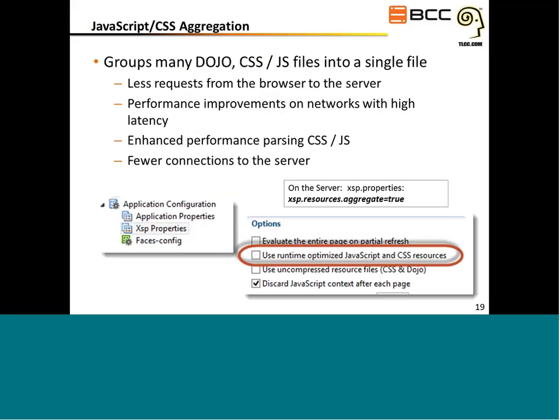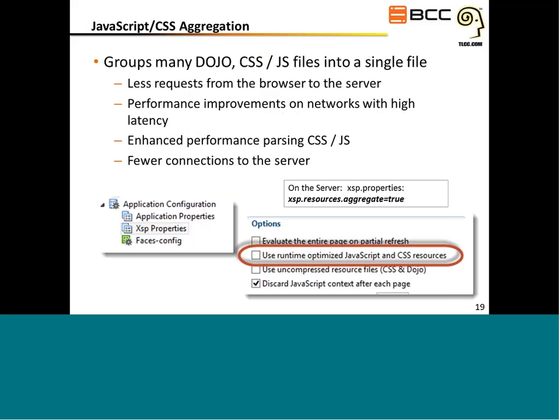It also enhances the performance of parsing the CSS and the JavaScript. Last but not least, we have fewer connections to the server, so the server can handle more requests at a time.